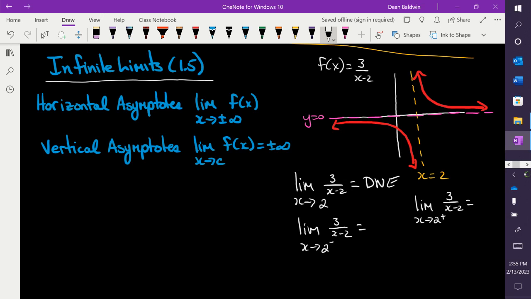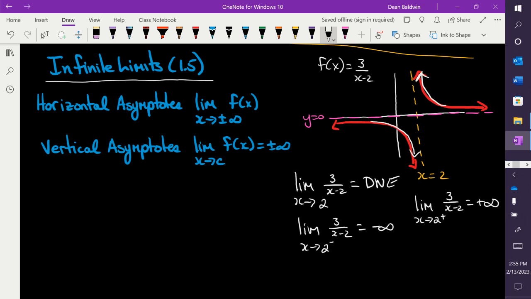Where are we going? Minus infinity, because you're coming this way, right? So that's negative infinity. The limit as x goes to 2 from the positive side, you go? Positive infinity. All right. This is the definition of a vertical asymptote.